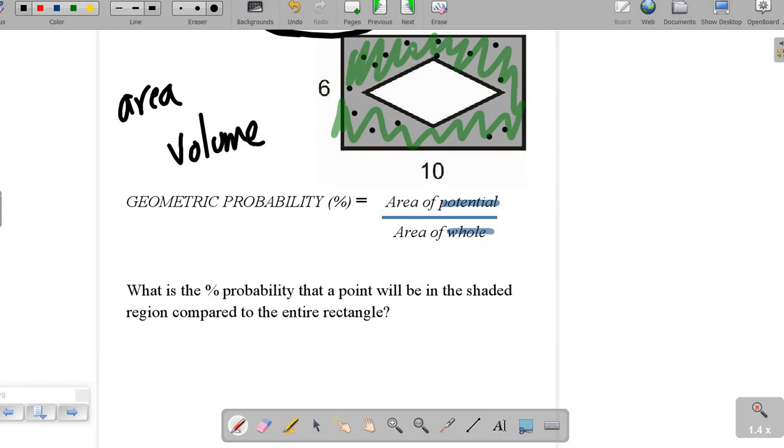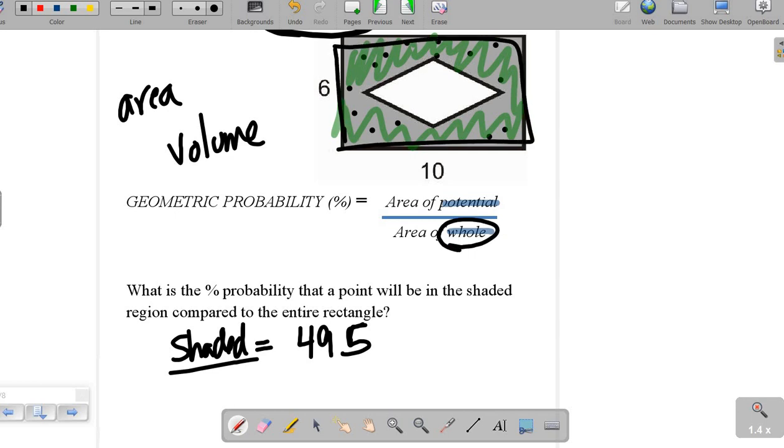The shaded area, which was 49.5, over the area of the whole, which would be the whole rectangle, which is 60.